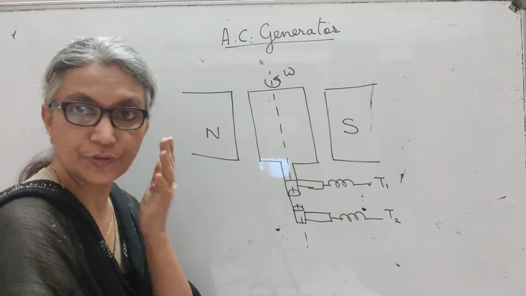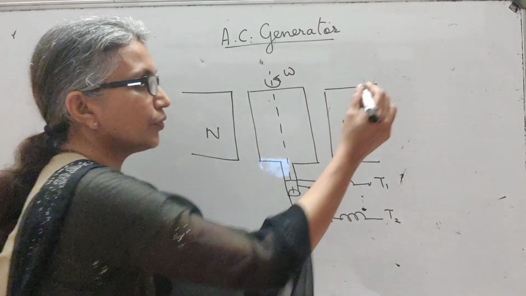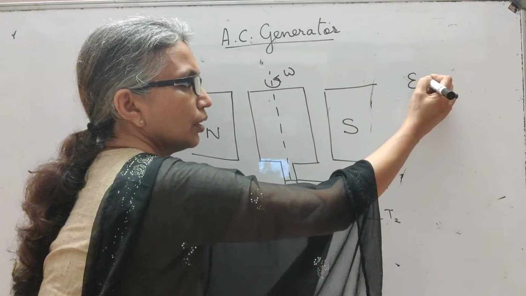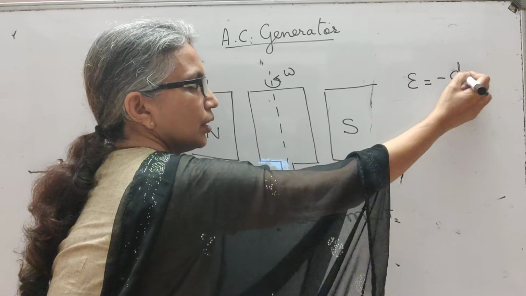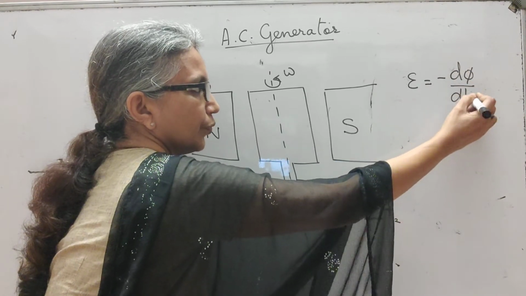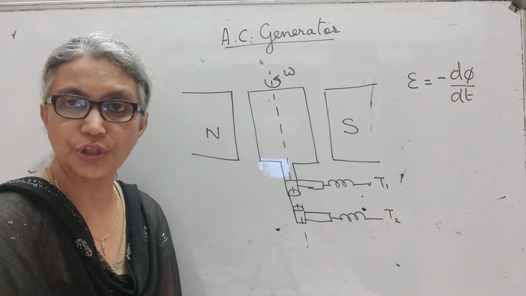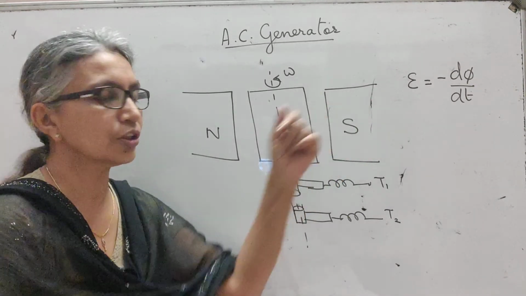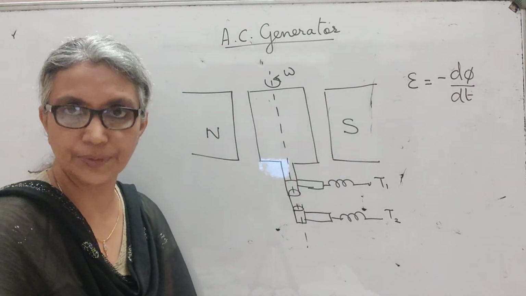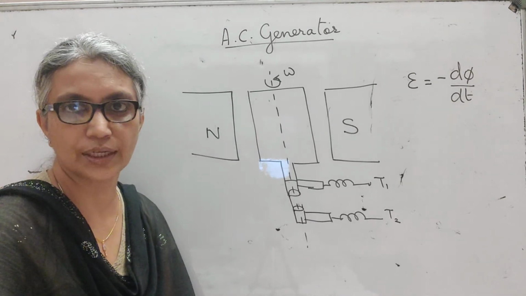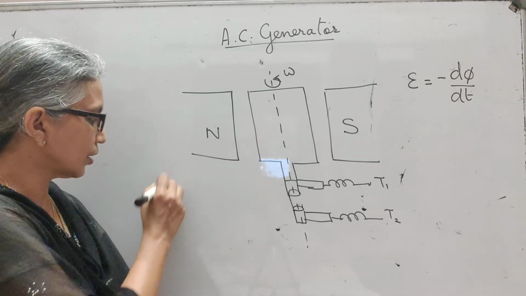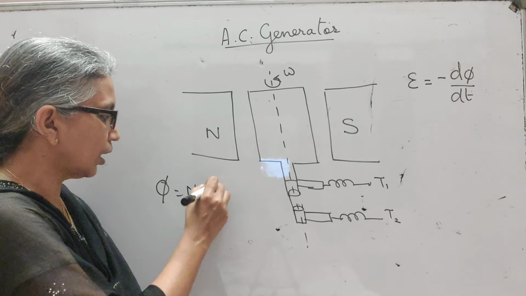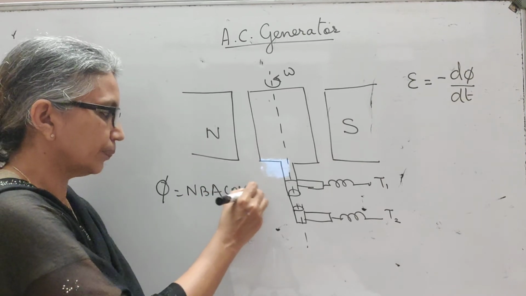Now induced EMF and induced current, when we started off we said it is minus d phi by dt, which means if you can change the flux through a coil, then immediately there will be an induced EMF and therefore an induced current. Now, flux for us is NBA cos theta.